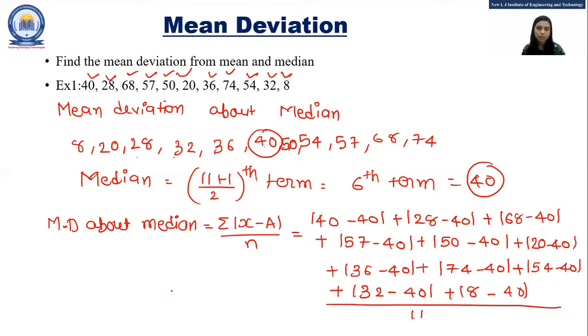The answer for this is equal to 16.27. Now if you want to find the coefficient of mean deviation about median, that is 16.27 divided by 40 into 100. So that is your answer.